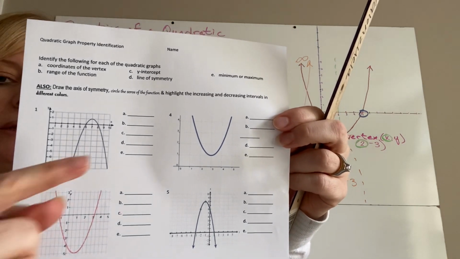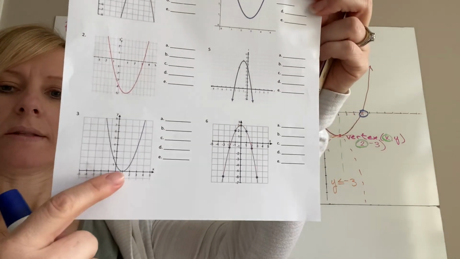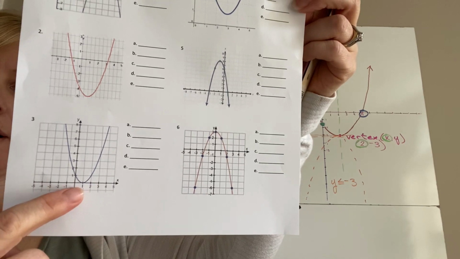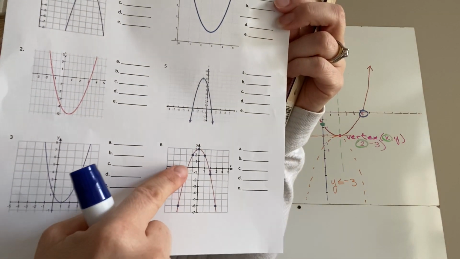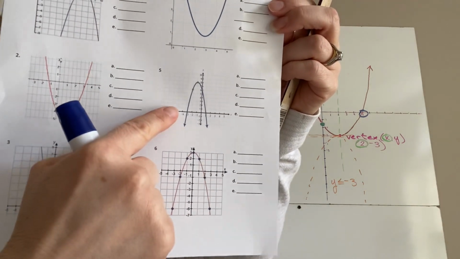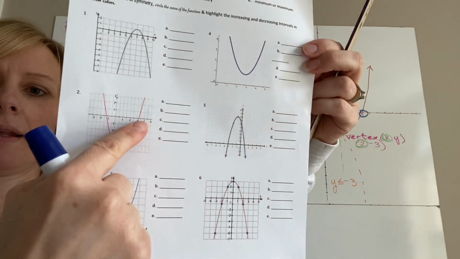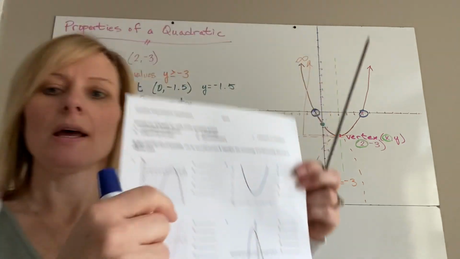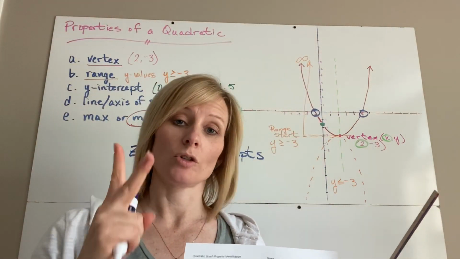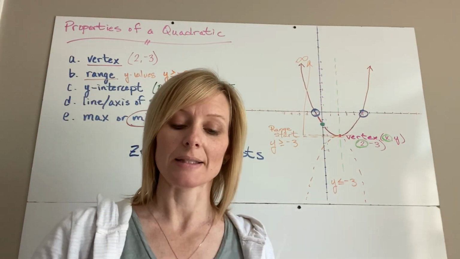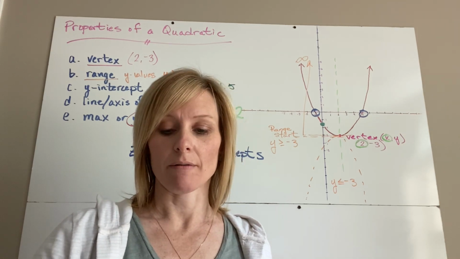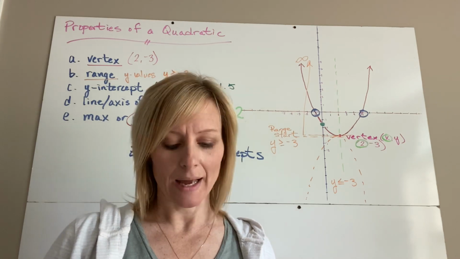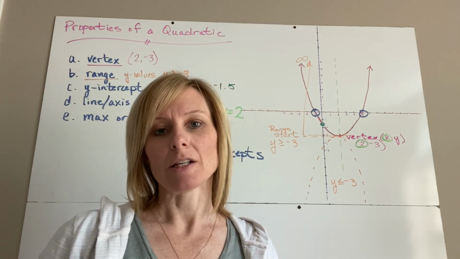Okay, sometimes they can touch once. This one is touching the x-axis once, so you'd have one circle. But most of the times it's going to cross twice. You're going to look to see where they're crossing the x-axis. This one is none. It can happen 0 times, 1 time, or 2 times where it crosses the x-axis, and those are called the zeros of the function.